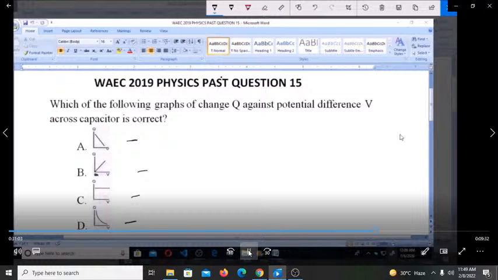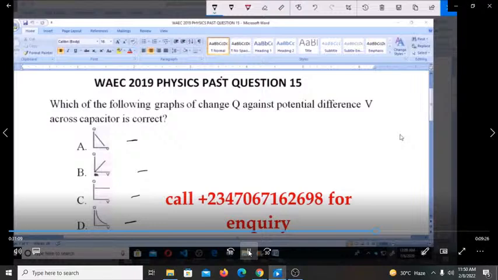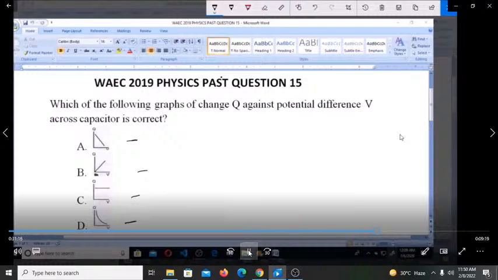So, the graph of Q, which is the quantity of charge, against the potential difference is supposed to be a direct proportional graph.